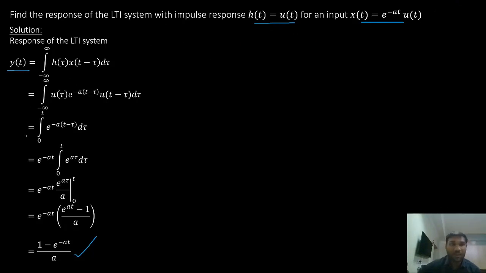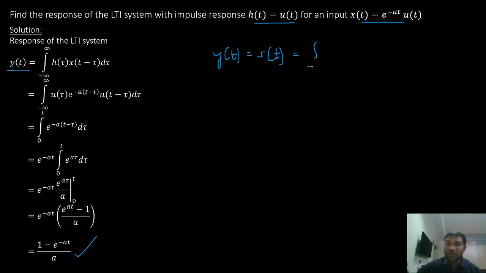So the same thing we can directly come to. Y of t is nothing but s of t in this case, right? It is nothing but s of t because my input is unit step. I can consider this as my input and this as my impulse response. They can be interchanged according to the commutative property. So what is the formula for s of t?